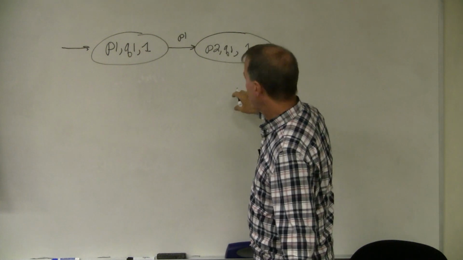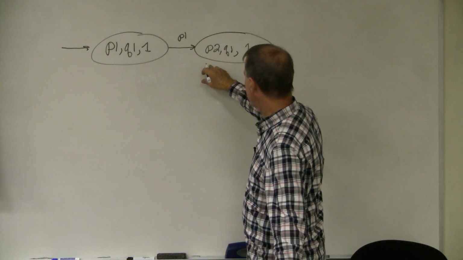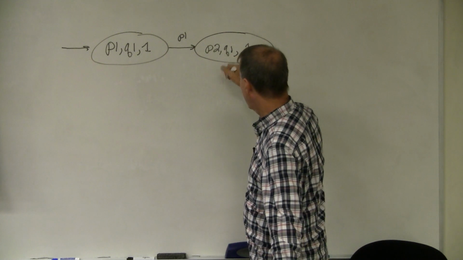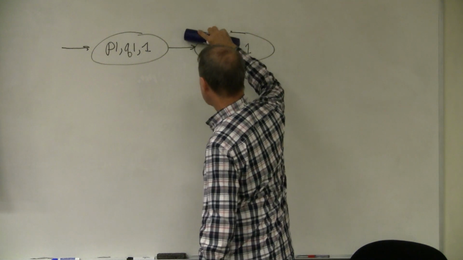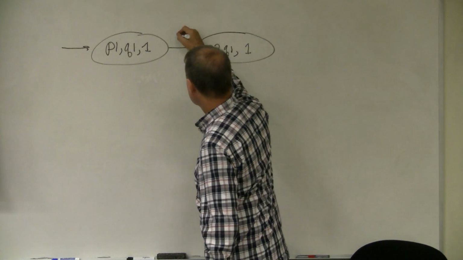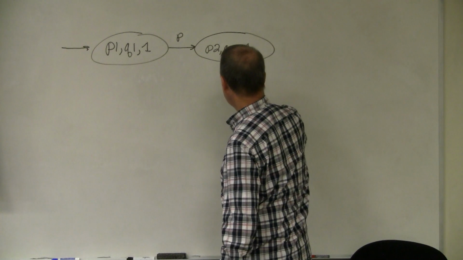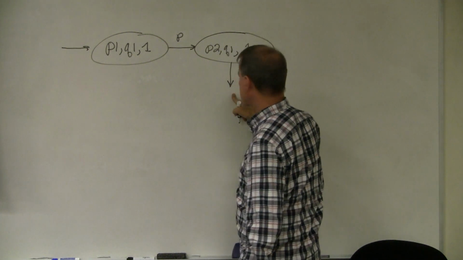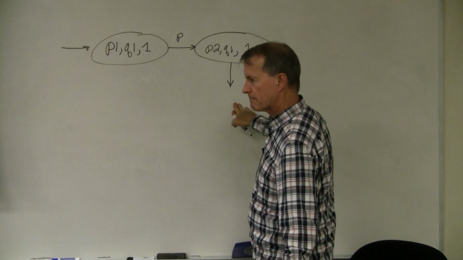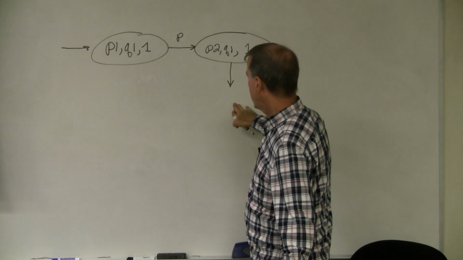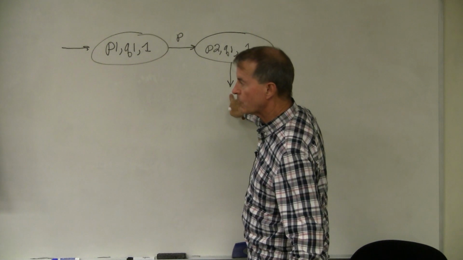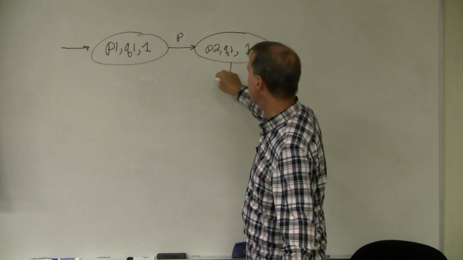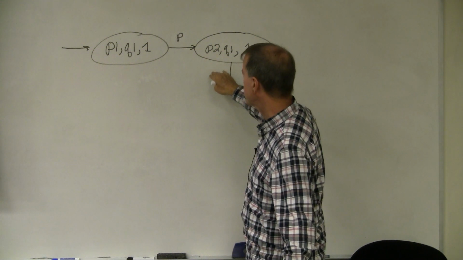Now, if we're in state P2, Q1, 1, oh wait, I should not have put P1 here. I'm going to say P executes. Now, if P executes again from this state, which statement would be possible to execute next?